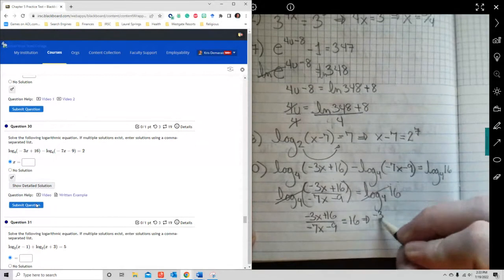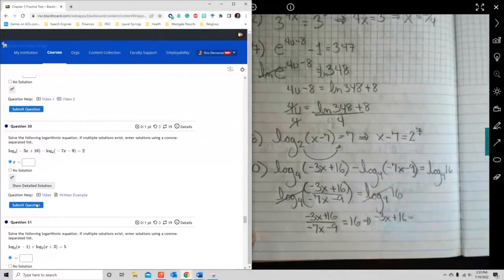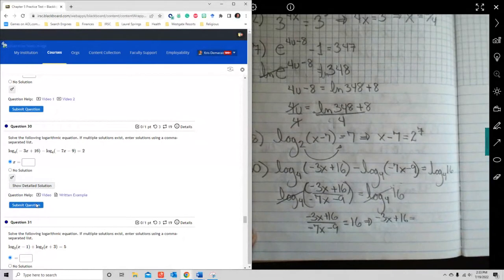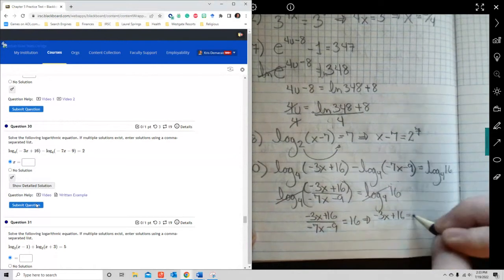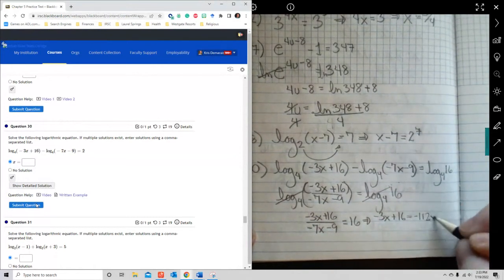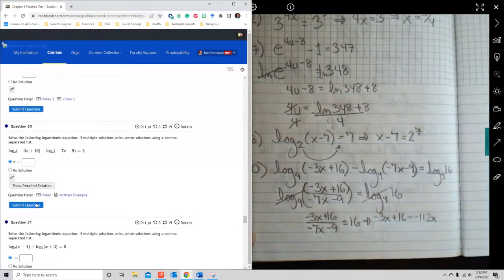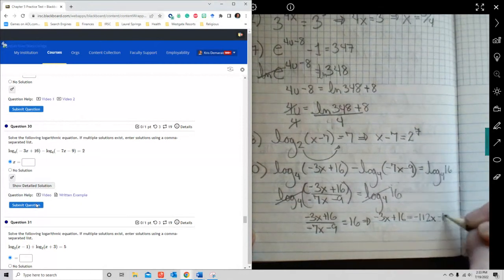So I'm going to go ahead and do negative 3x plus 16 equals, and then 7 times 16 is negative 112, and then that's x. And then I have negative, or 9 times 16 with a negative on it, and that's negative 144.